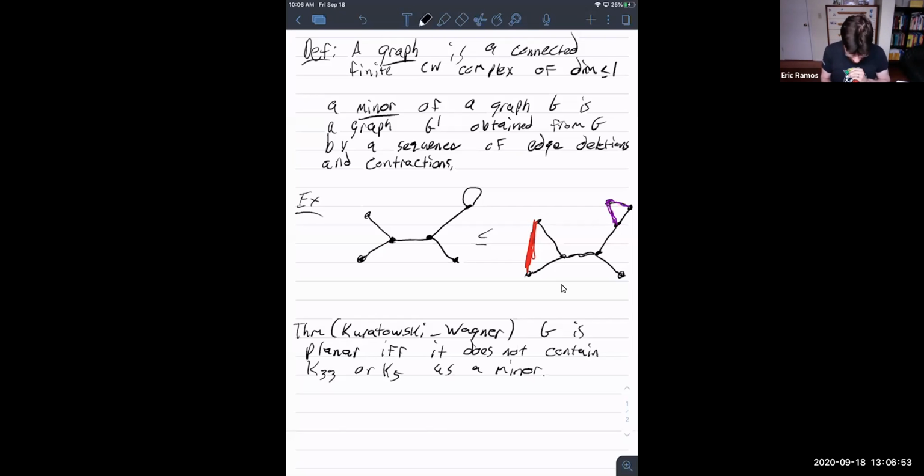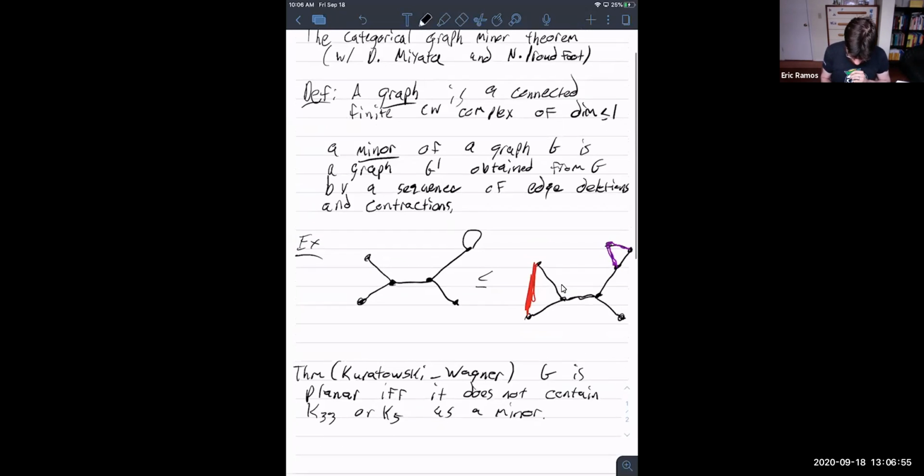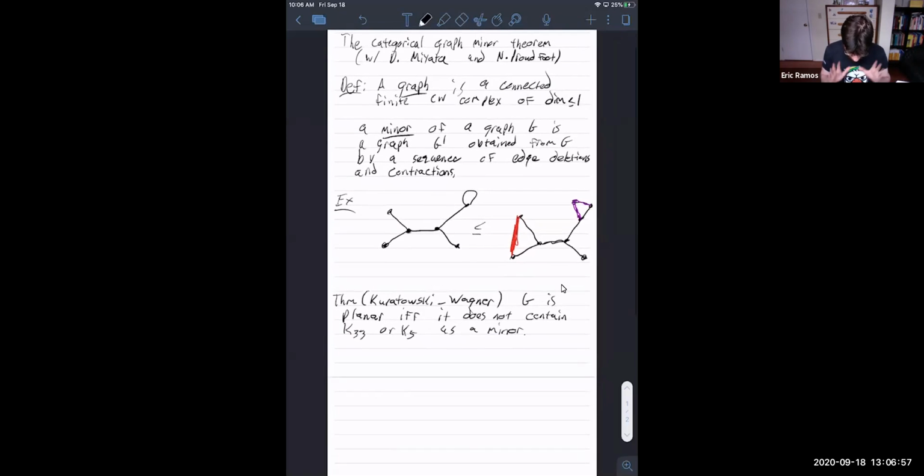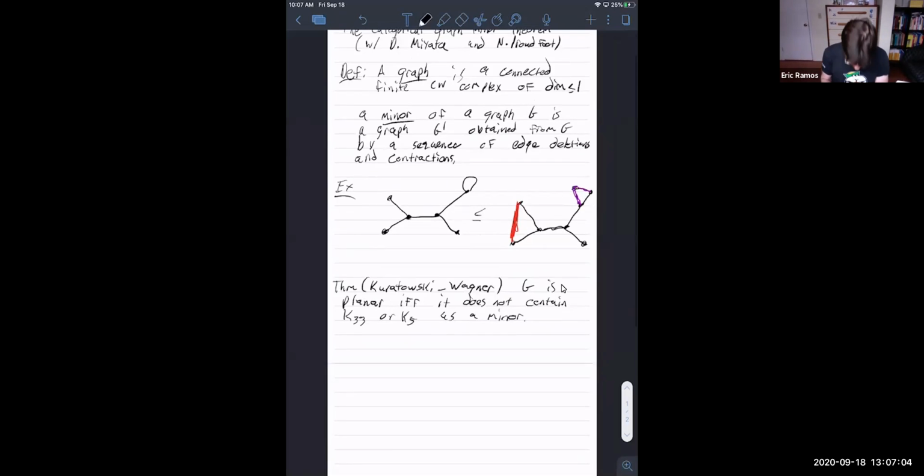What a lot of people I've discovered don't know is that Kuratowski-Wagner is in fact one very special case of a theorem that's almost infinitely more general.